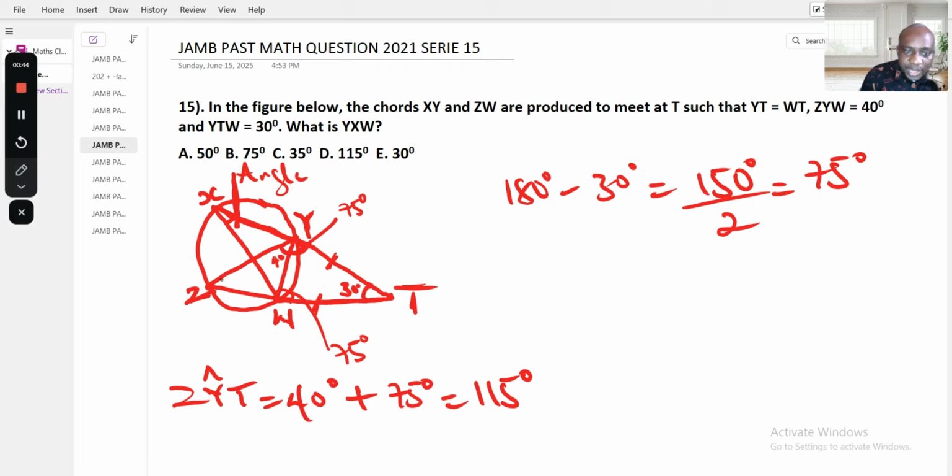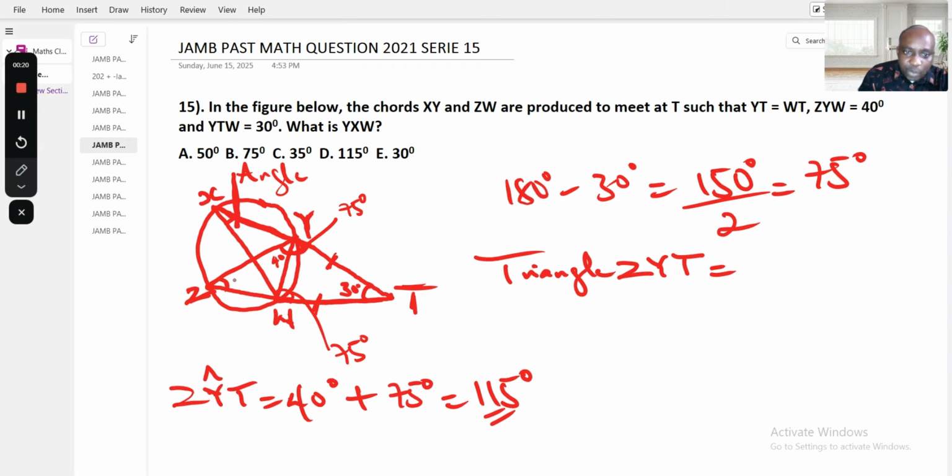Now let's try and calculate here, from the triangle of ZYT. From here to here, the Y. From here to here, we have seen that it is what? 150 degrees.